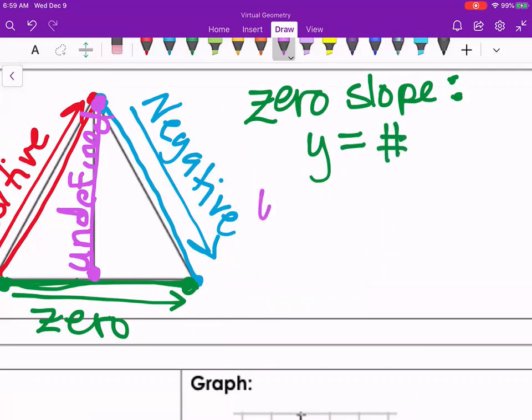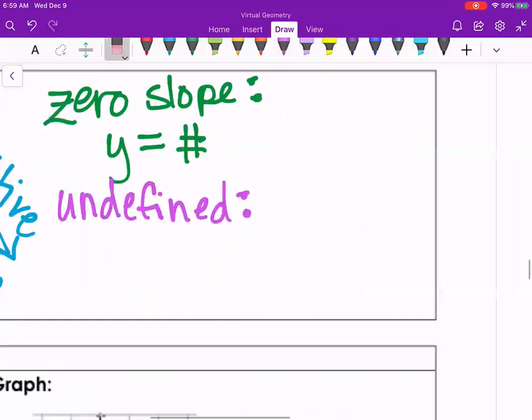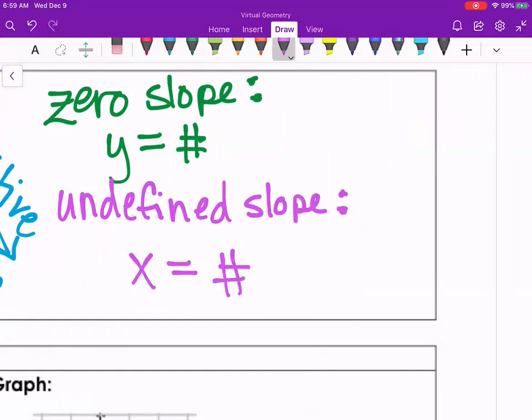But if you have an undefined slope, all right, let me get the word in there. Undefined slopes are the x equals, and then a number for those equations. The other two definitely have the y equals mx plus b equation that you're already familiar with.